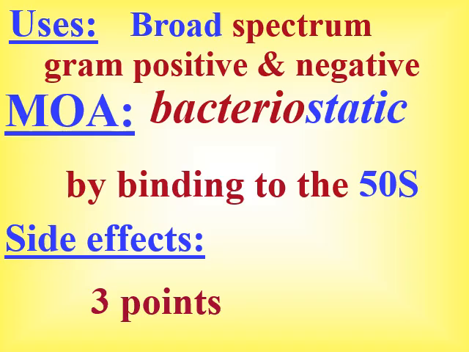It is the drug of choice for salmonella infection, therefore typhoid fever. And because it can penetrate the CNS, it can be an alternative therapy for meningitis. It is also used for the treatment of rickettsial infections.